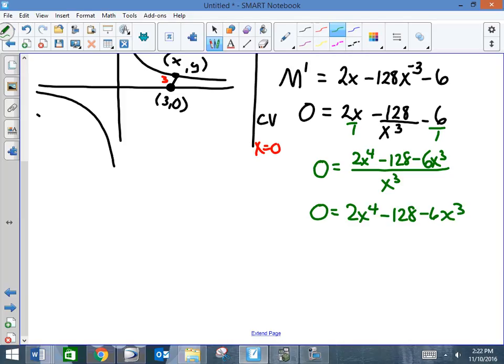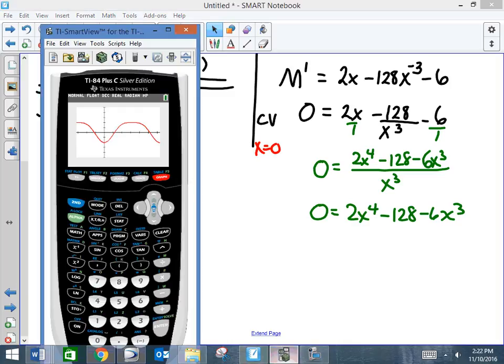Now, you're going to have to use a calculator to solve that, right? Okay, how do we do that? Plug, plug, plug. What do you want me to plug in? The whole thing? And then look for a what? A 0? Okay, that sounds good. 2x to the 4th minus 128 minus 6x to the 3rd.